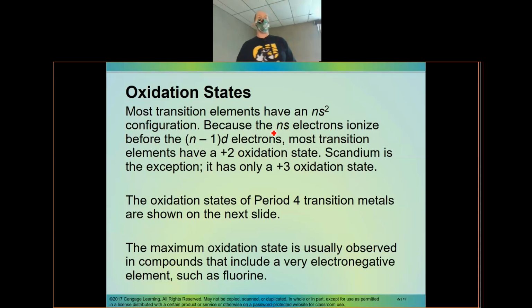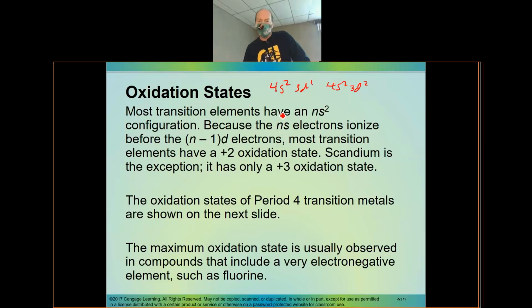All right, so your oxidation state. We just did the electron configurations of the first row of d's. We had the 4s2 3d1, and then 4s2 3d2, and so on, all the way to 4s2 3d10.